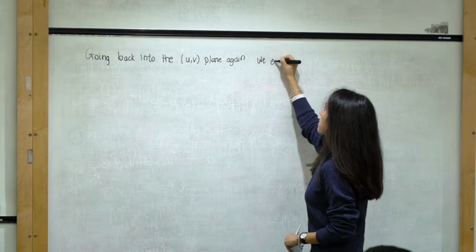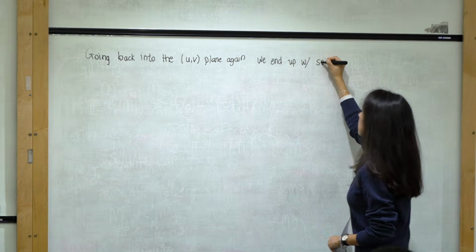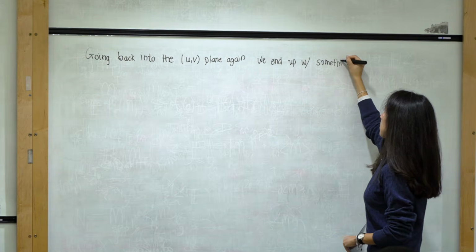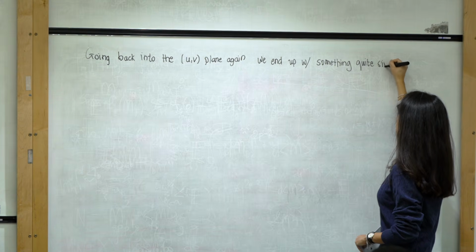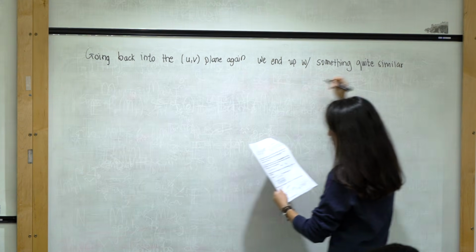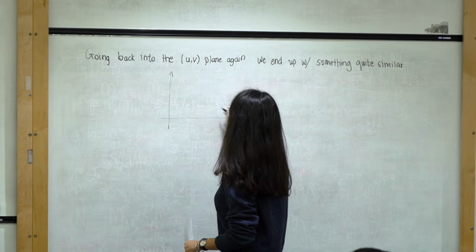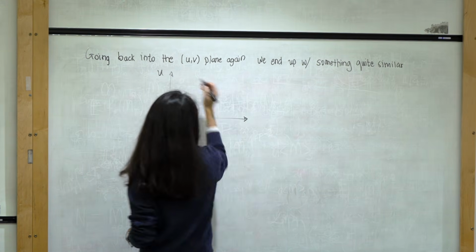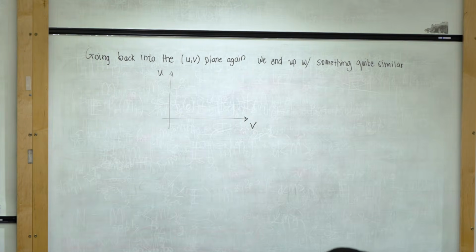We end up with something quite similar. And that something that is similar is basically this picture. So now I have U, V again. And the picture is instead a shifted version.